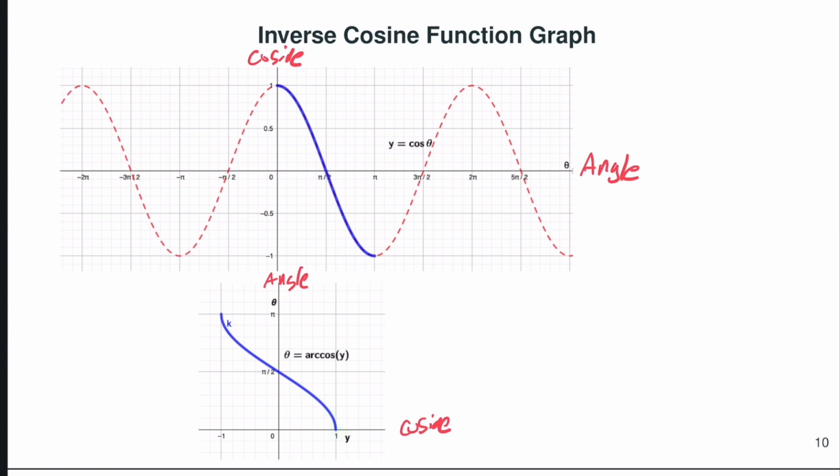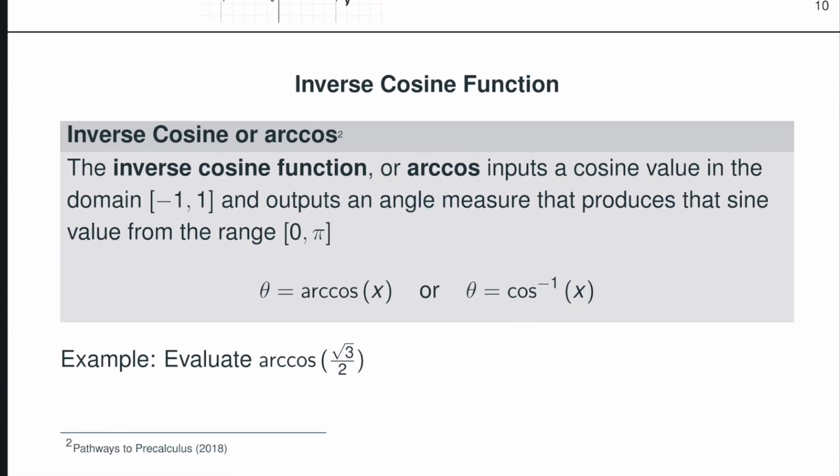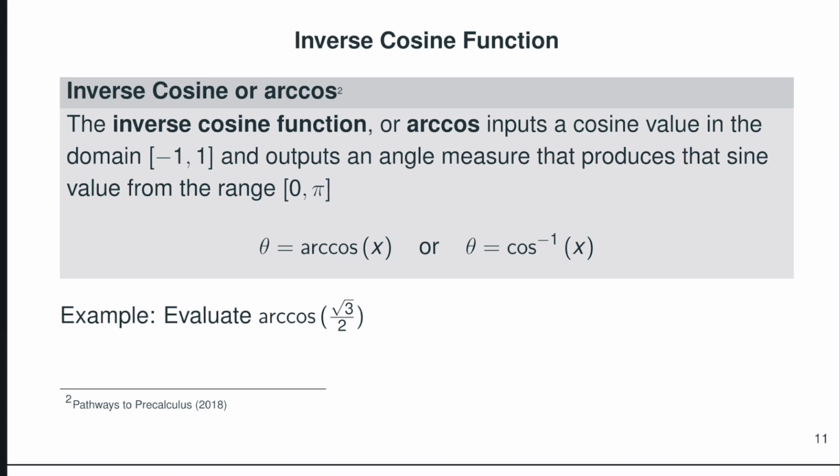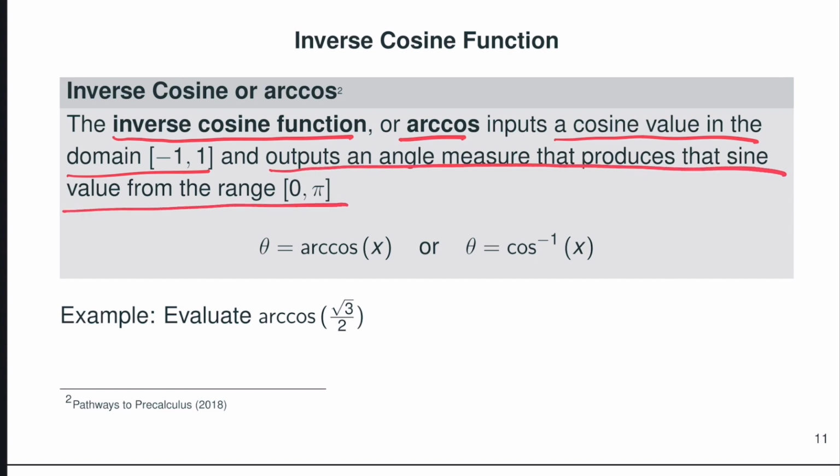So let's look at the formal definition of the inverse cosine function. The inverse cosine function, or arccosine, inputs a cosine value in the domain -1 to 1, and outputs the angle measure that produces that cosine value from the range 0 to π. Now, the range is different for arccosine and arcsine, so that's very important.